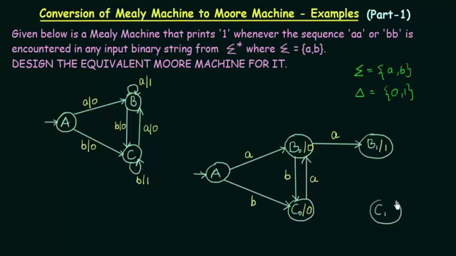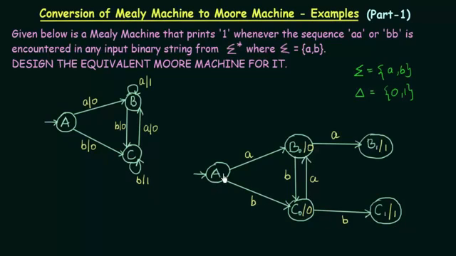This will be my state C1, and I will associate the output 1 to this, and I'll send this C to this state C1 over here on getting input small b. So we see C on getting input small b, it goes to C itself, and output associated should be 1.